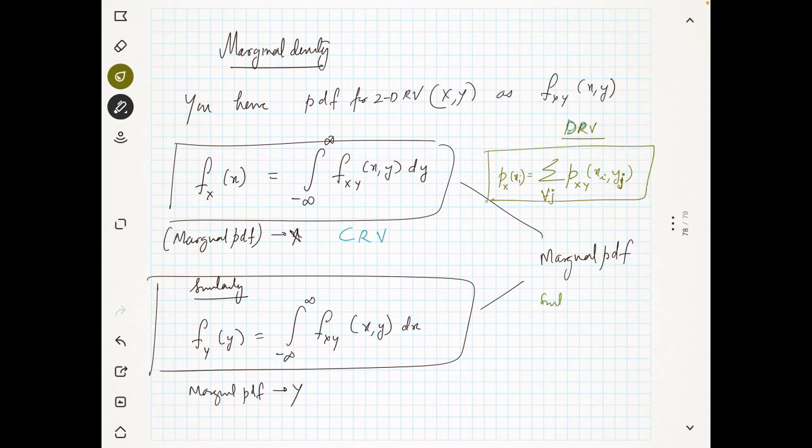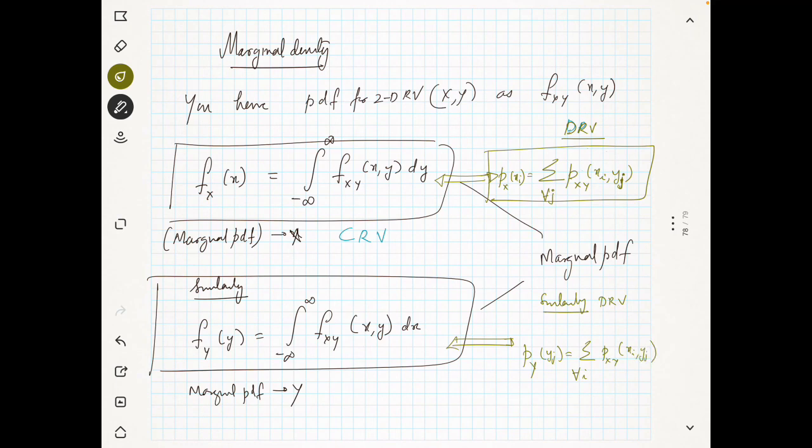Similarly, the analog for the second one: we want to find p_Y of y_j, so we add for all values of x_i.